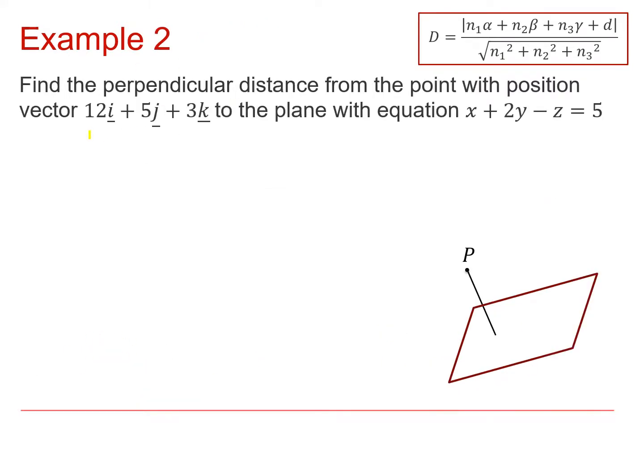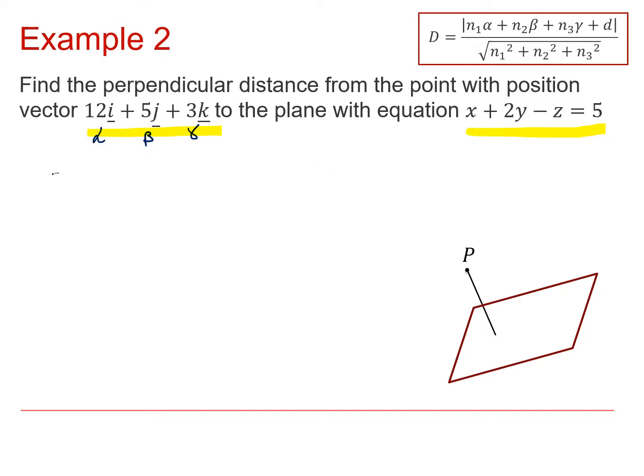So here's a second example, and this time we've been given the point in terms of its position vector, but this still means that I can pull out alpha, beta, and gamma. And I've got the equation almost in the form I want, although I will rearrange just to get the correct value for d.